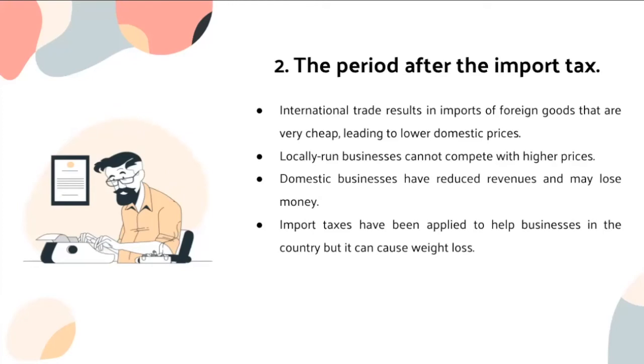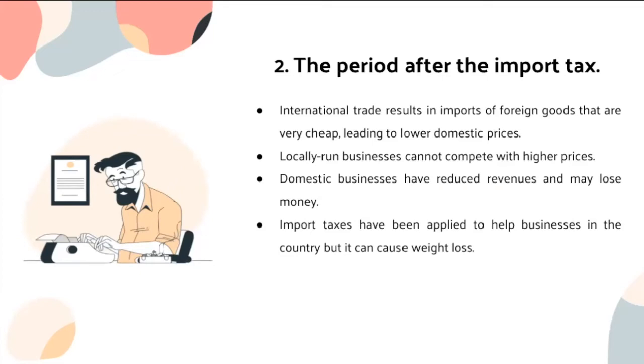Businesses operating in the country cannot compete if they set higher prices, so they have to compete at the import price and reduce production volume. As a result, domestic businesses suffer from lower revenue and may suffer losses. If this goes on in the long run, the business may eventually go out of business.